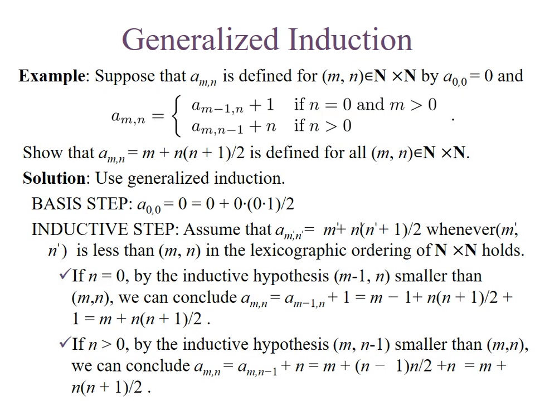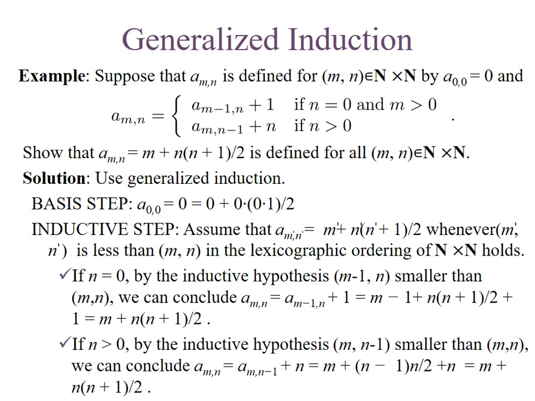So next, let's see this example. Assume we have a(m, n) defined for the ordered pair (m, n) by a(0, 0) equals 0 and a(m, n) by the following equations. If n is larger than 0, then a(m, n) equals a(m, n minus 1) plus n.